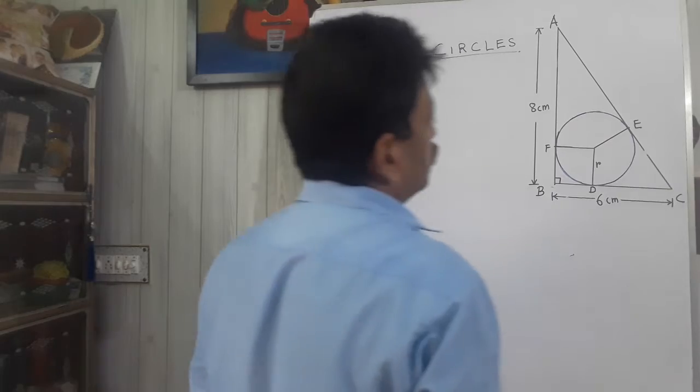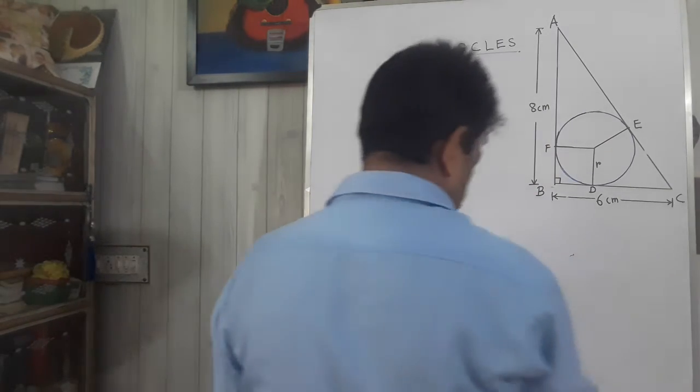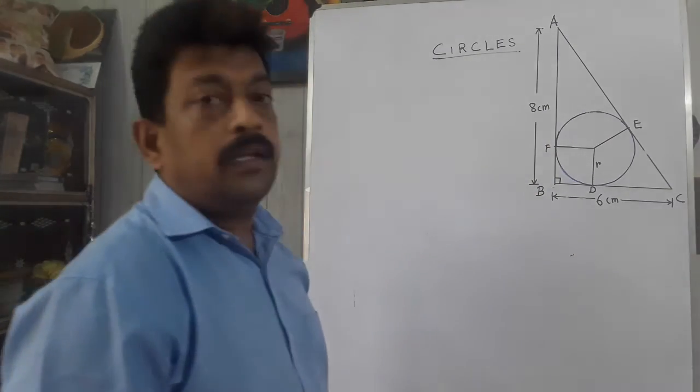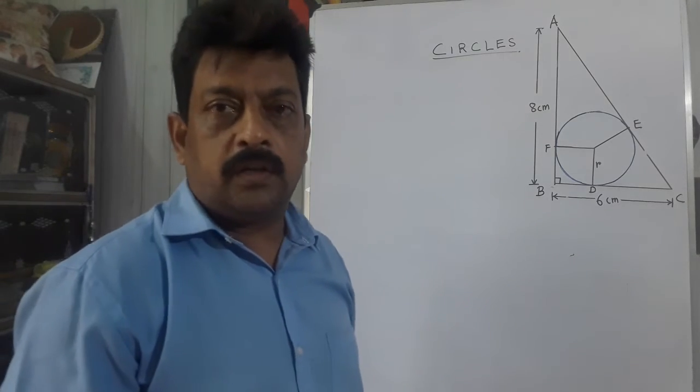These are all the radius of the tangent. We have to find the length of the radius of the circle.